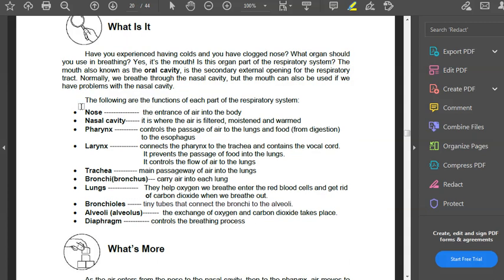So the nose, this is the entrance of the air into the body. That's true. When you inhale through your nose. Although it can also be through our mouth. The nasal cavity, it is where the air is filtered, moistened, and warmed.